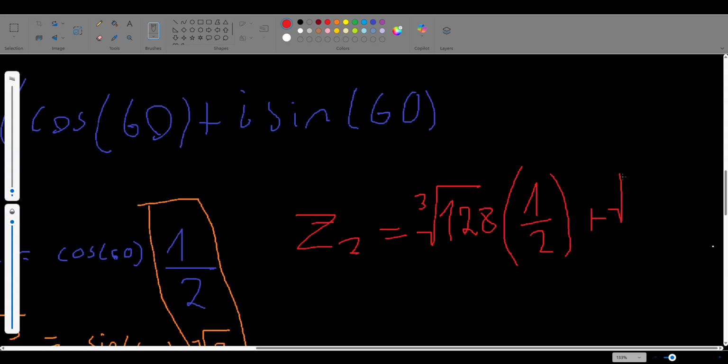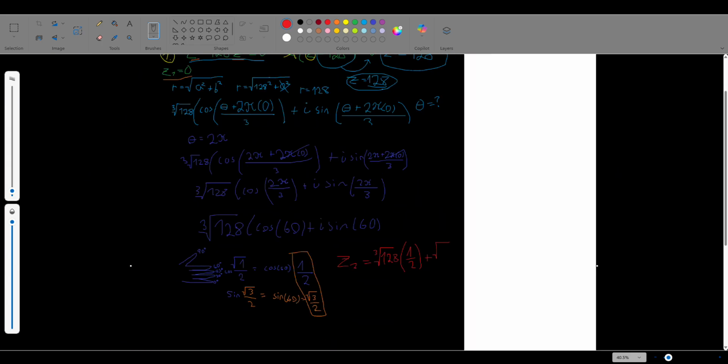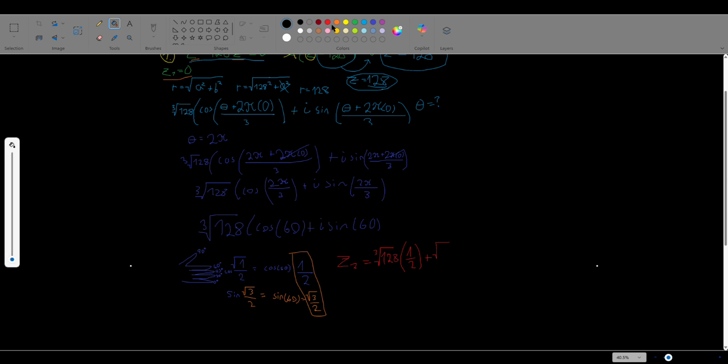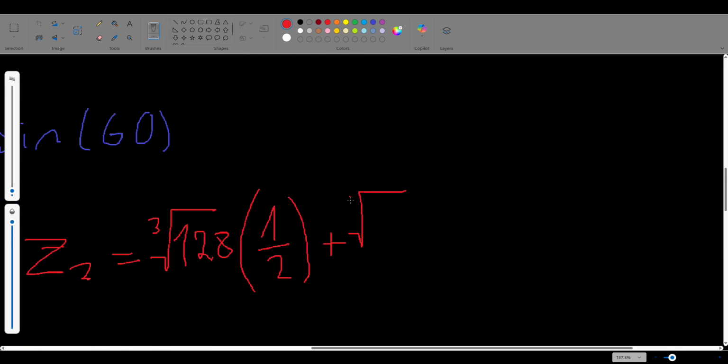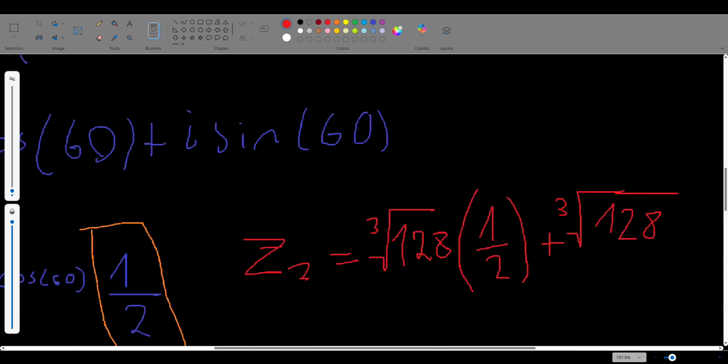Plus the cube root of 128. And what was our sine?